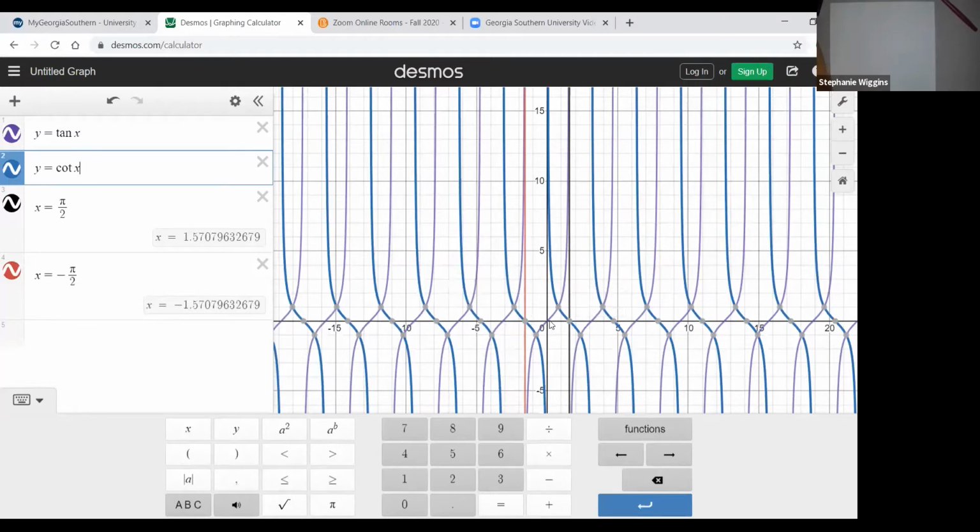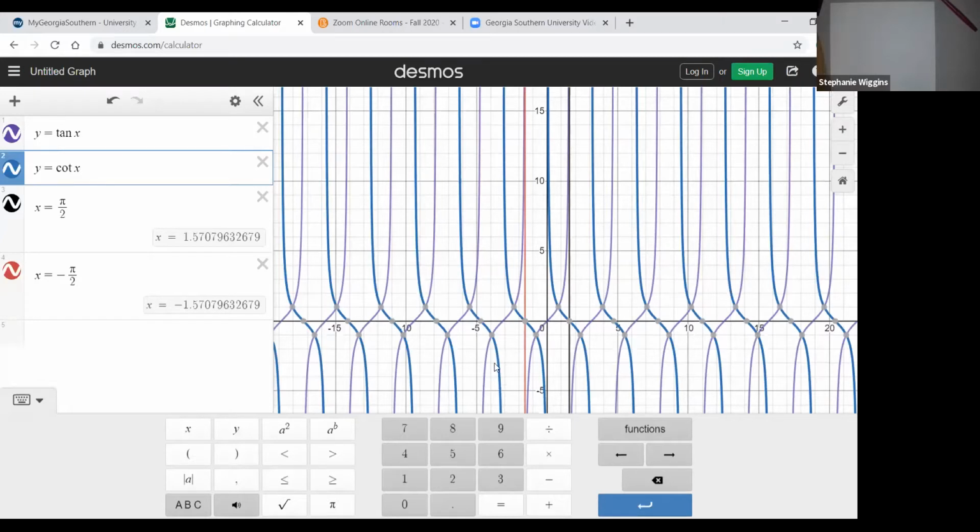Think of it, if you have a number x and you take the reciprocal, if x gets close to 0, what's going to happen to the reciprocal? It's going to blow up, right? Because you're taking 1 and dividing it by really, really small numbers. That's because they're reciprocals of each other. That's why we have this sort of behavior.